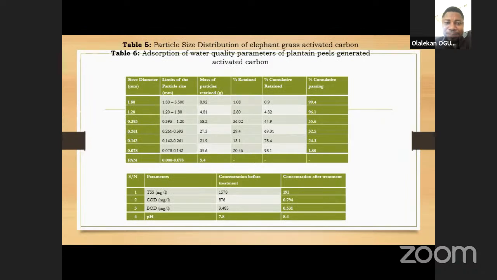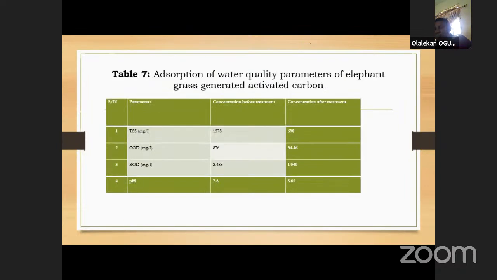Okay, sir. The particle size distribution of the elephant grass activated carbon is shown up there. Then table 6, the one under, is showing the adsorption of water quality parameters of plantain peels. The concentration before treatment and concentration after treatment were given, for parameters like TSS, COD, and BOD.